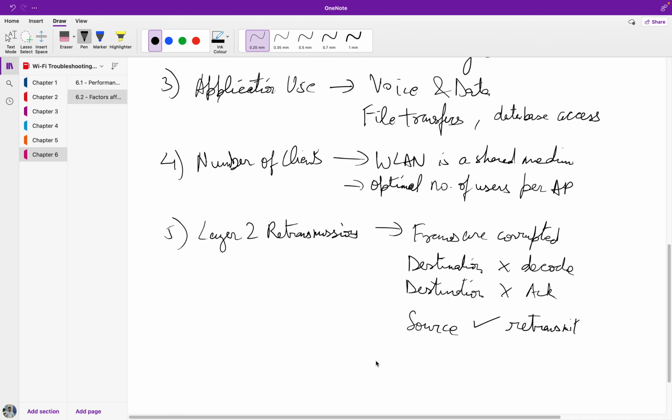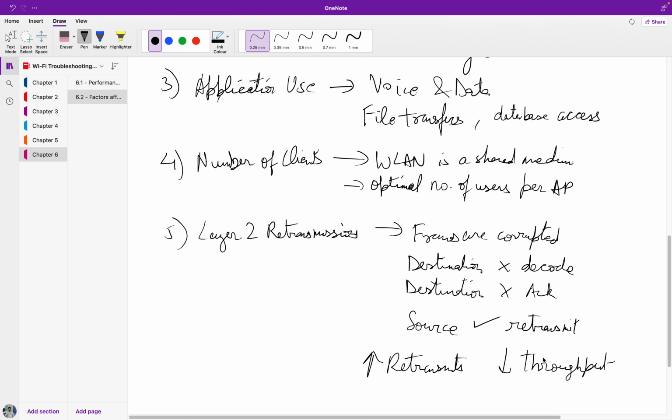Thus, high retransmissions will reduce the throughput. So these are some factors which will adversely affect the throughput of the network.